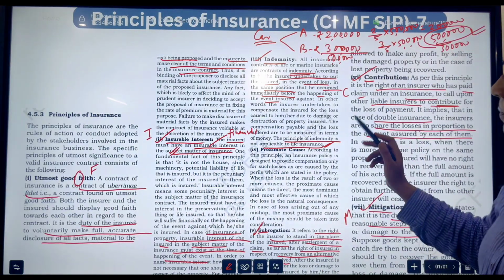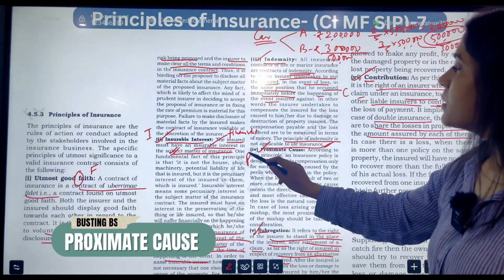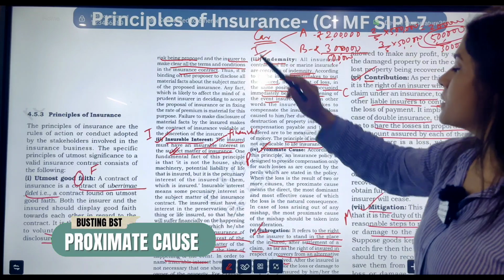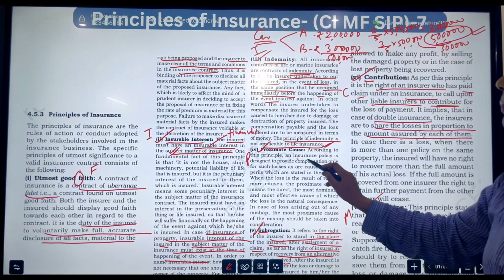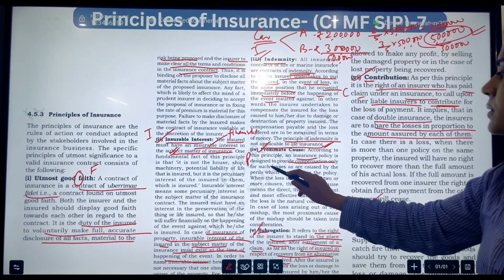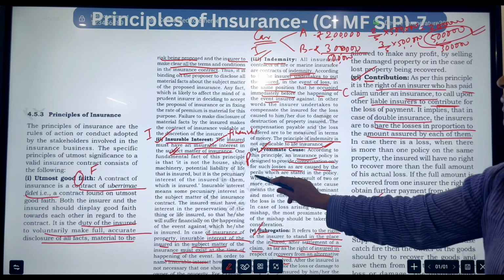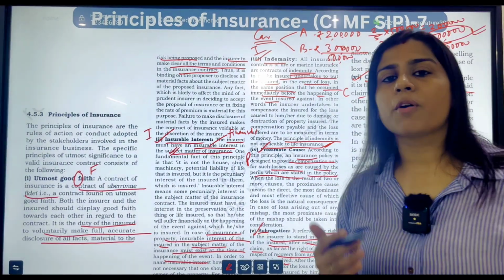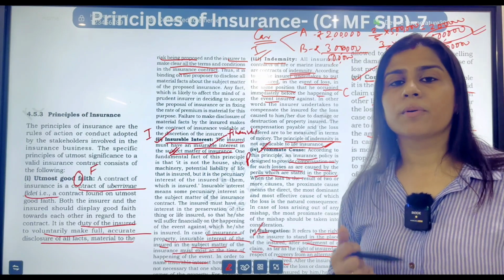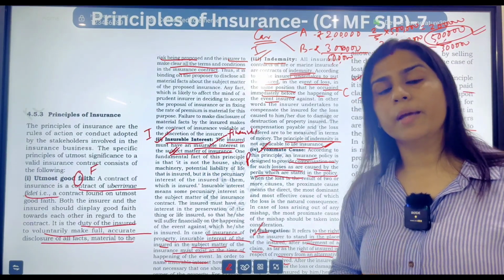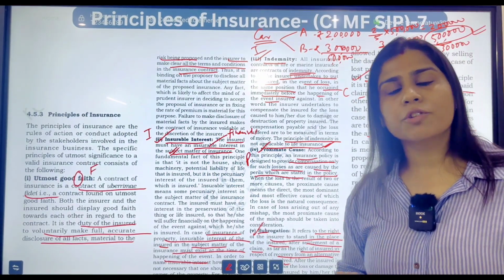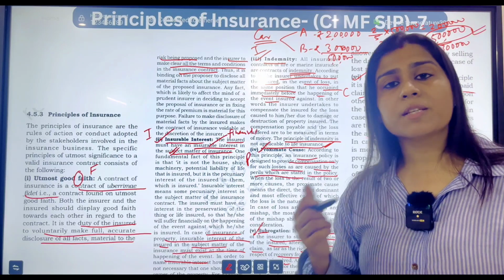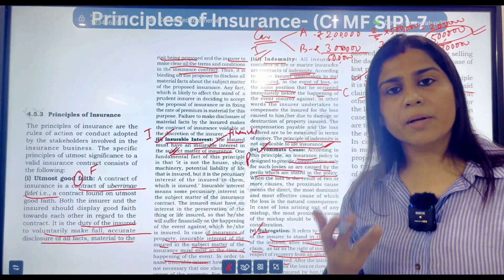Then the last principle being P, proximate cause. Proximate cause means that compensation will only be provided when the cause is the closest one, as stated in the policy. If the policy is for fire, then the cause of loss must be fire only. If the policy is of marine insurance, then the cause of loss must be due to marine water or marine perils.